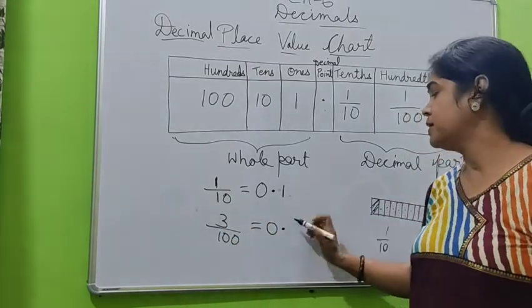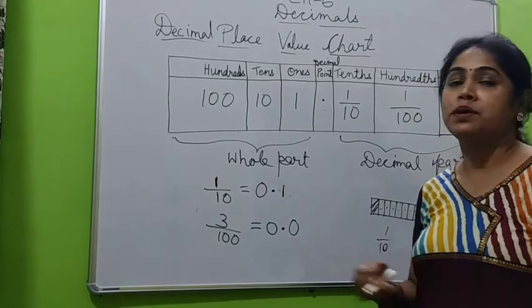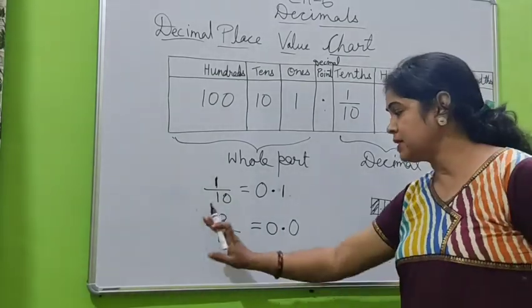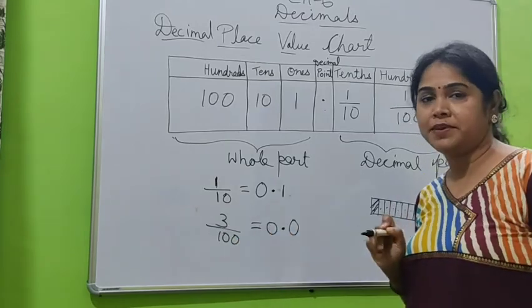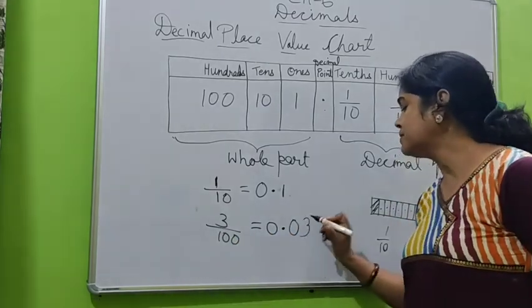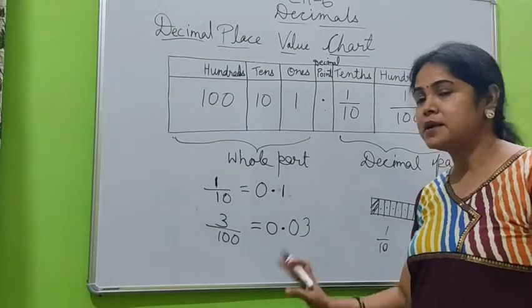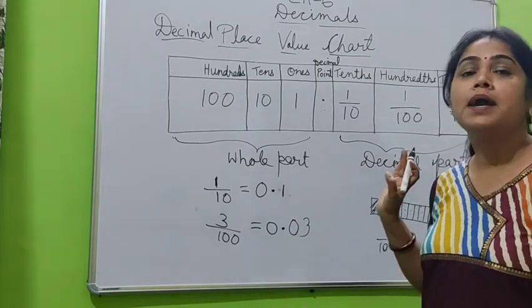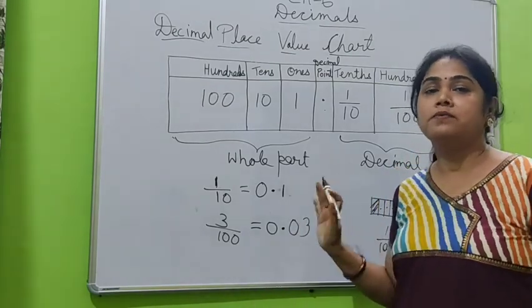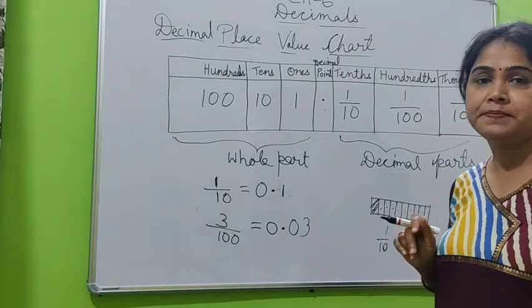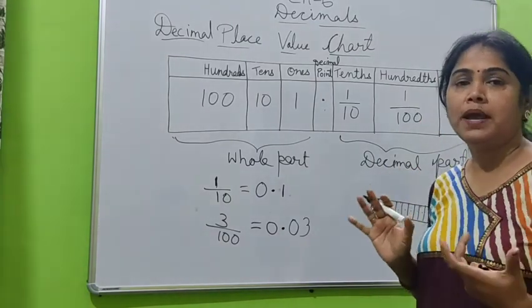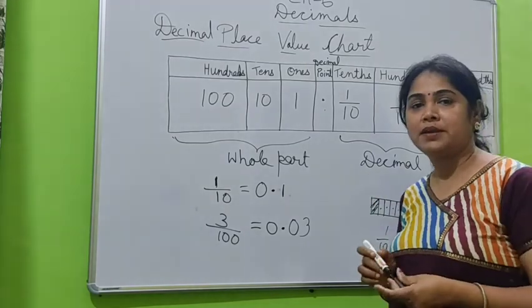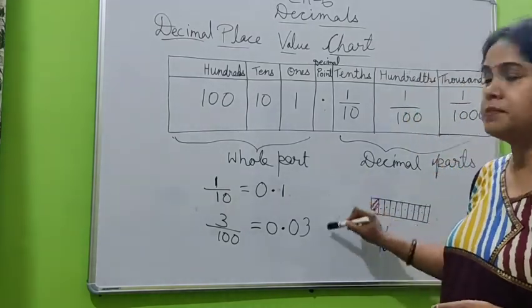No tenths part, so we will write 0 at the tenths place. Is there any hundredths part? Yes, 3 by 100 is there, meaning out of 100 we have taken 3, so we will write 3. It means no whole part, no tenths part, only out of 100 parts of one whole we take 3. So this way we write decimals.